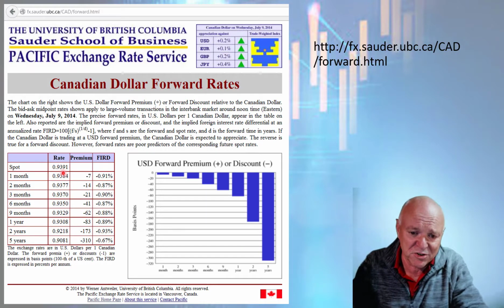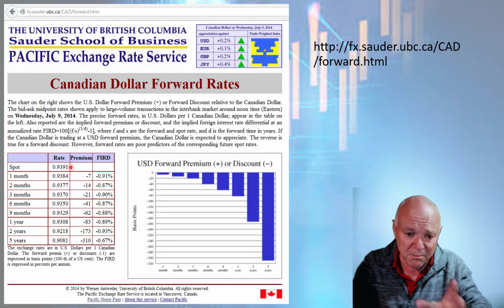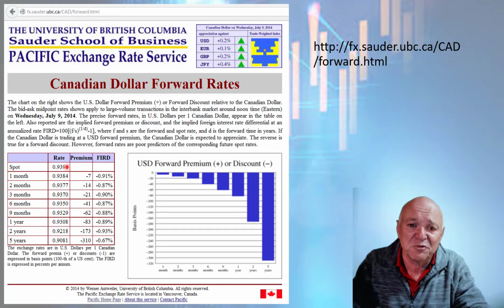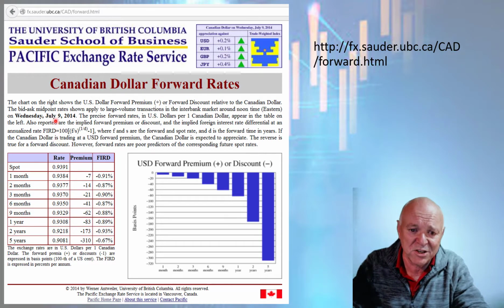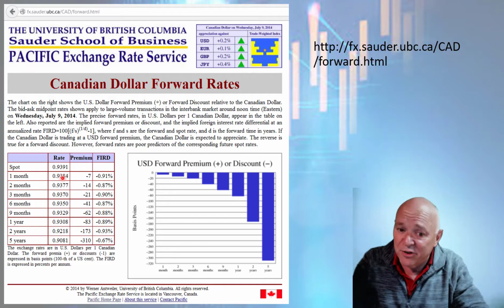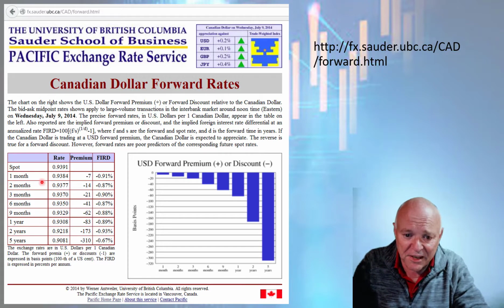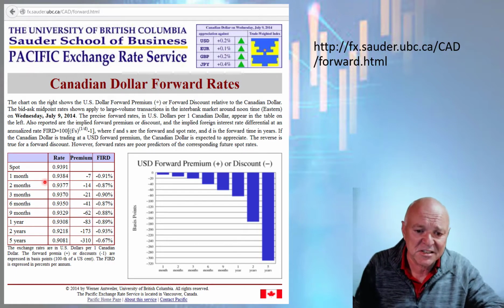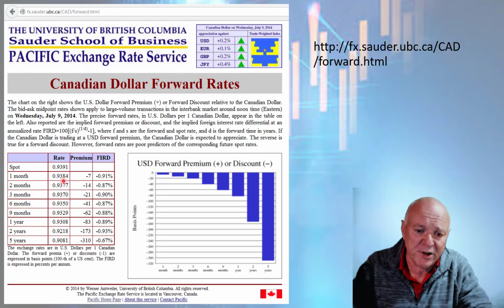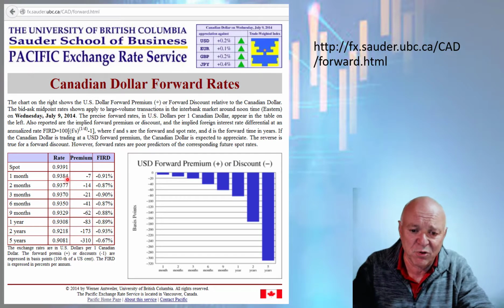US dollar versus the Canadian dollar was 93.91. That was the rate that you got, the mid-market price for the exchange rate on that particular day, Wednesday, July 9th, 2014. For delivery in 1 month's time, that same exchange rate would be 93.84 cents, or 0.9384.